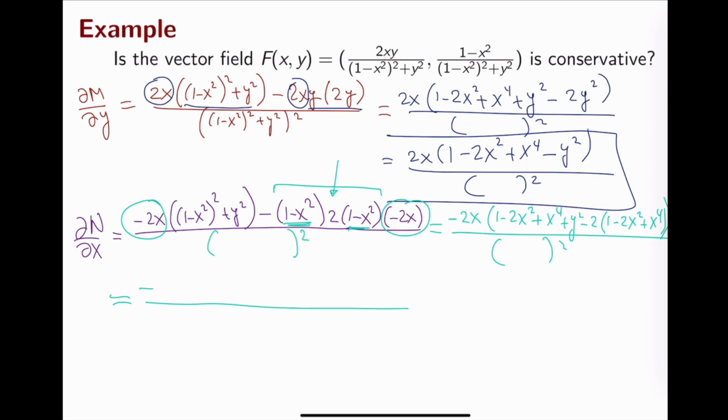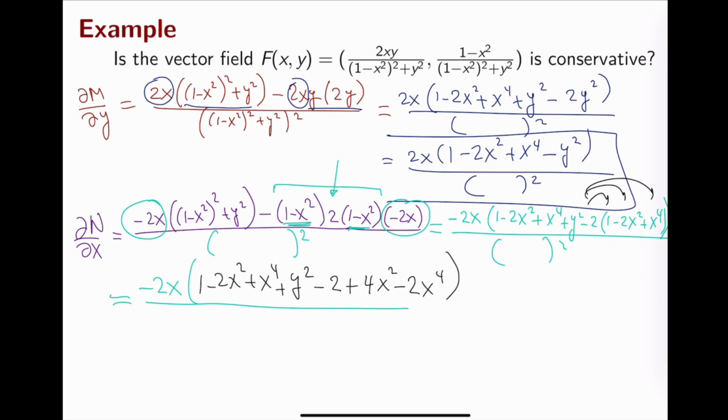Let's continue this operation here. So we're going to have here the minus 2x outside. Let's eliminate this parenthesis now. And now I'm going to multiply the 2 by all that. So that will be minus 2 plus 4x squared minus 2x to the 4.